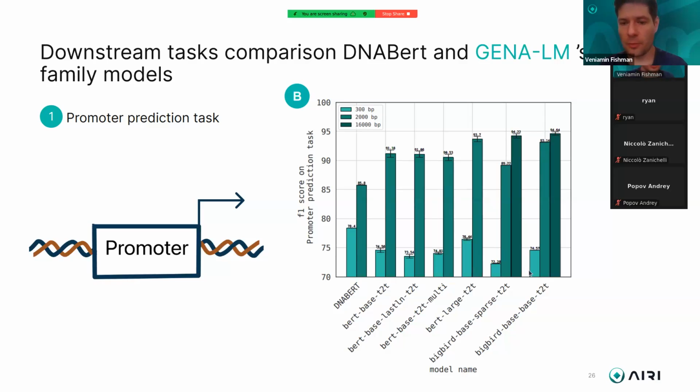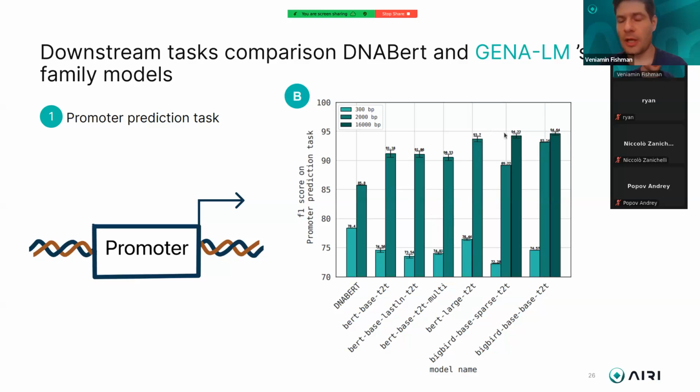And also between GENA models, you have the best model, which is BERT large. And this is a model which has shorter inputs, but more parameters. But when we go to longer sequences, first, all the models outperform the DNABERT. And second, for medium-sized sequences, we still have this BERT large model, which is the best.